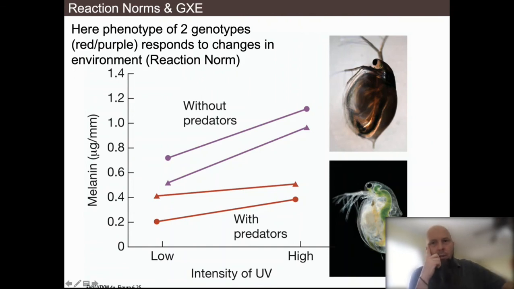So this gets into the interaction between genotype and the environment as a contributor to determining the phenotype of an individual, okay? And this example in your text describes different populations of these small aquatic invertebrates that can either have lots of dark pigments or very little to no dark pigments, right?